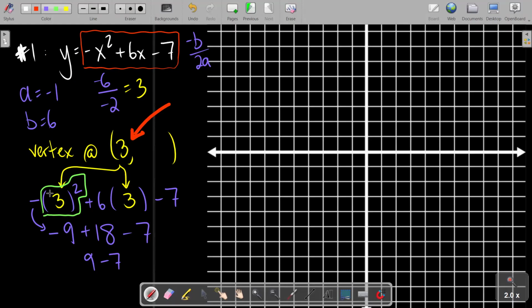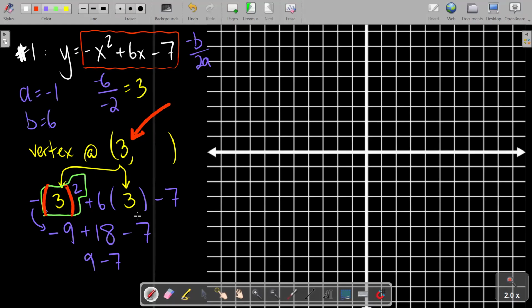I'll make some parentheses. Do you see those parentheses right there? When I put 3 in there, 3 squared is 9, but I only squared the 3 because the negative isn't part of the x. It's the negative of x squared, you see. I'm sorry, I'm talking in circles here.